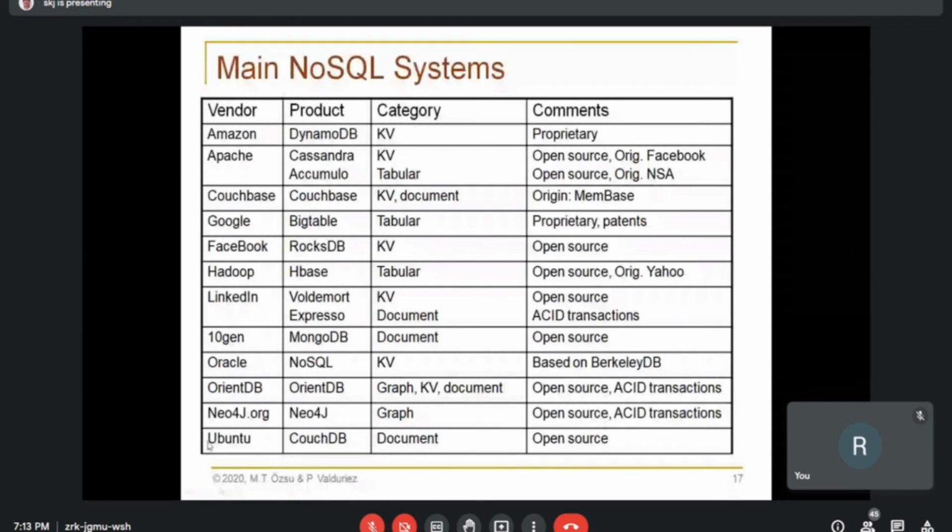CouchDB, document, open source. Out of these databases, Neo4j is popular for graph. Second, MongoDB, also very popular. And third, Cassandra.